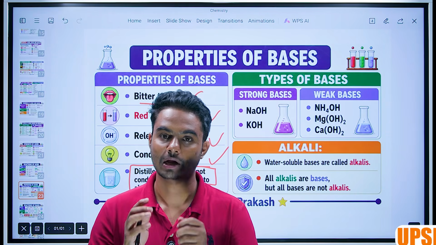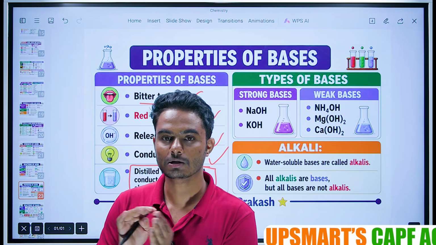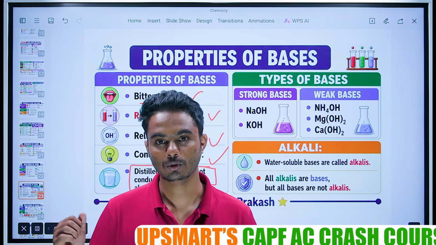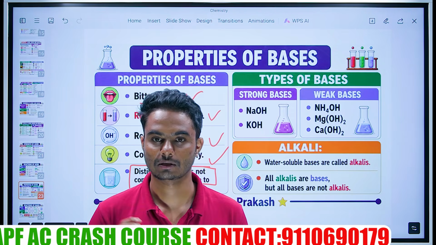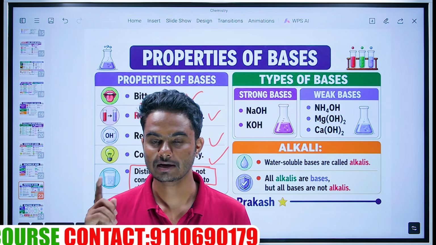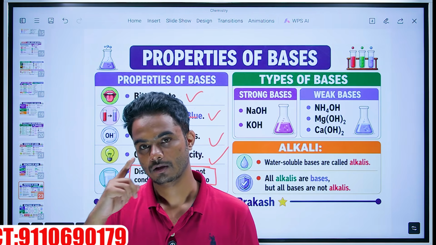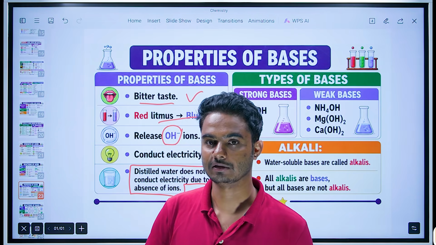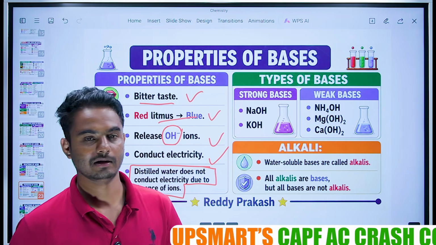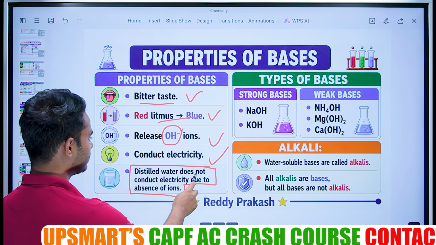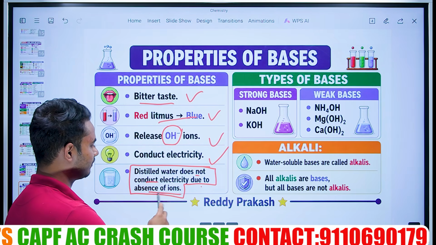Distilled water means ions are removed from it. When ions are removed, the particles cannot carry electricity. When the ions themselves are removed, there is no electricity. That is why distilled water is used for battery backups. Distilled water does not conduct electricity due to absence of ions.